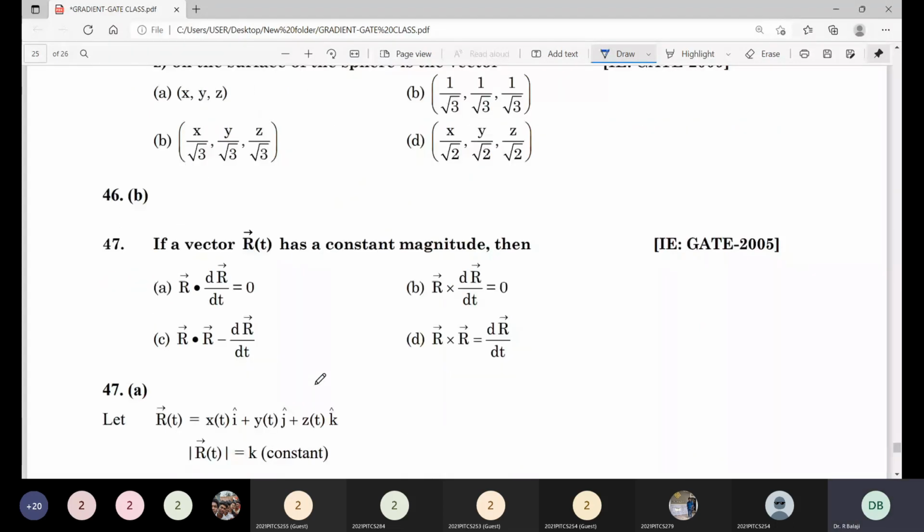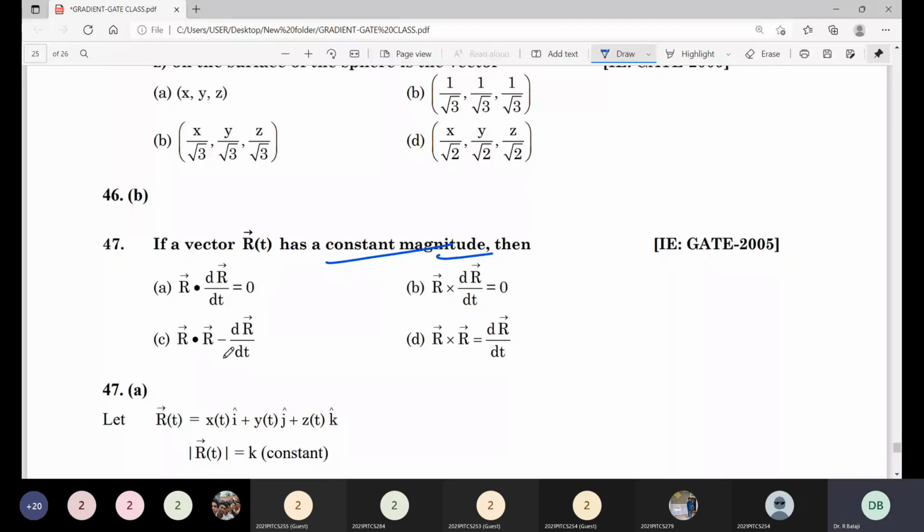If a vector r of t has a constant magnitude, then r vector dot dr by dt is equal to 0.